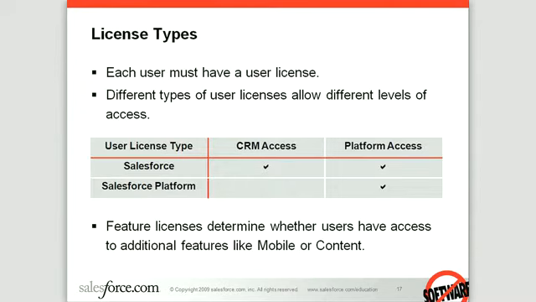When it says here that there's the Salesforce and then the Salesforce platform, and then it says CRM access and platform access, for the most part what this means is that CRM access is access to things like cases, campaigns, opportunities, products, all the stuff that goes into CRM and the functionality that we've built behind that.